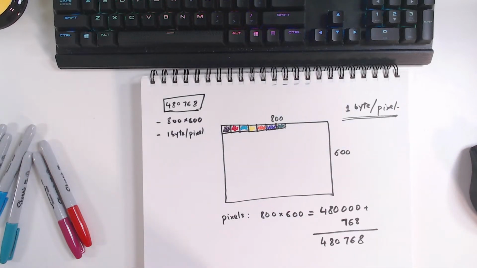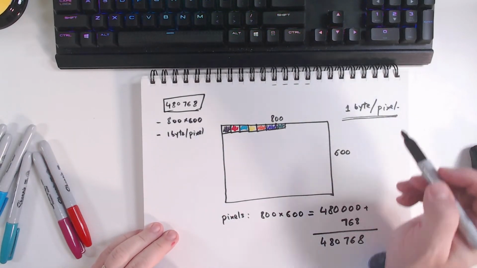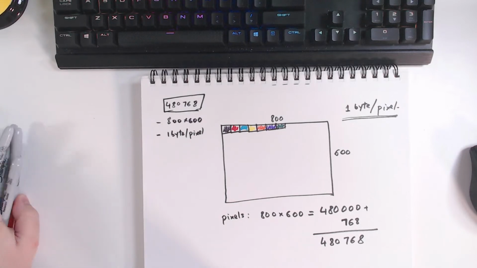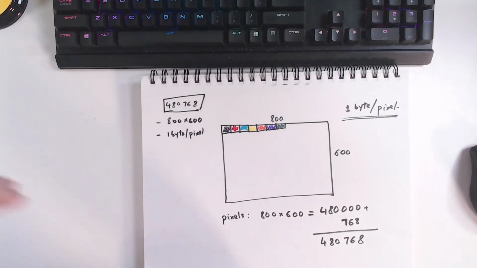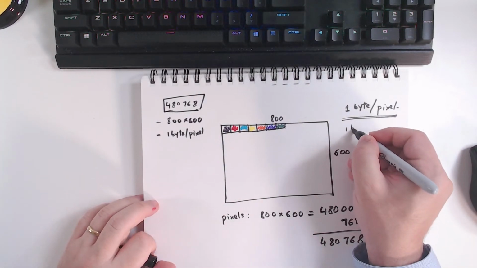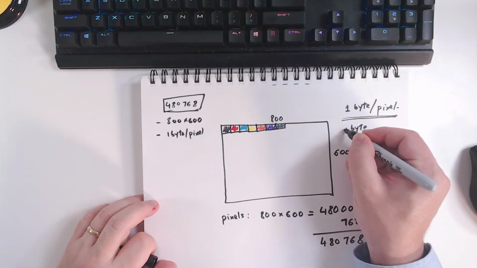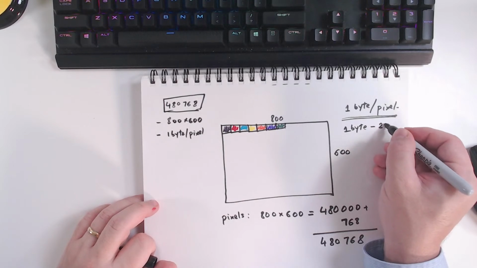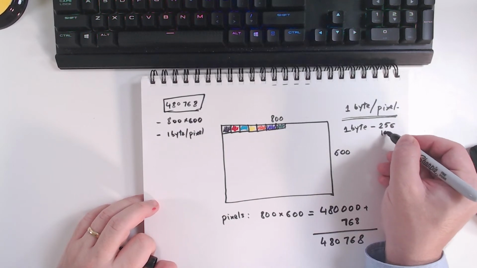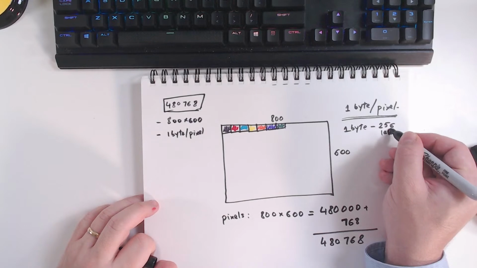Well, since we are encoding in 1 byte per pixel, we know that in 1 byte we can encode basically 256 levels of information.